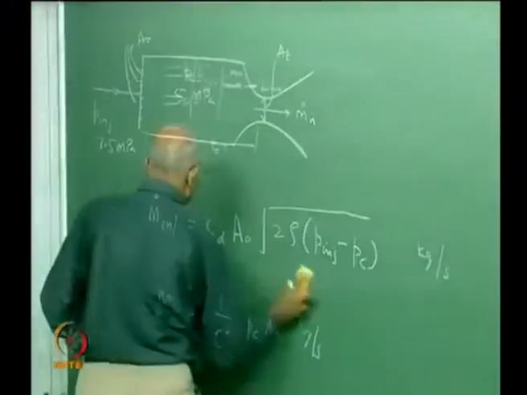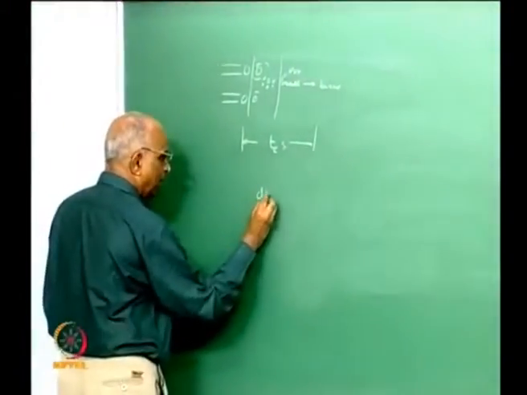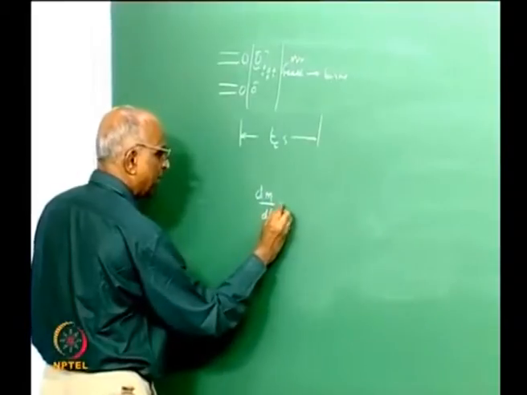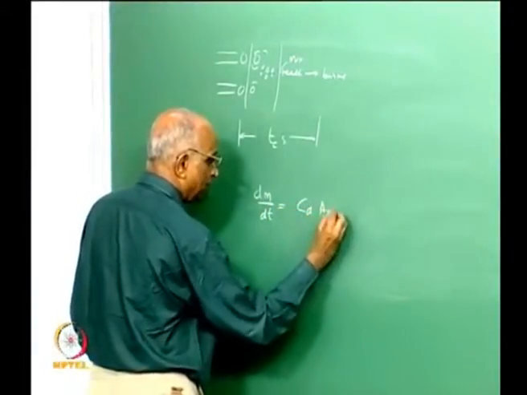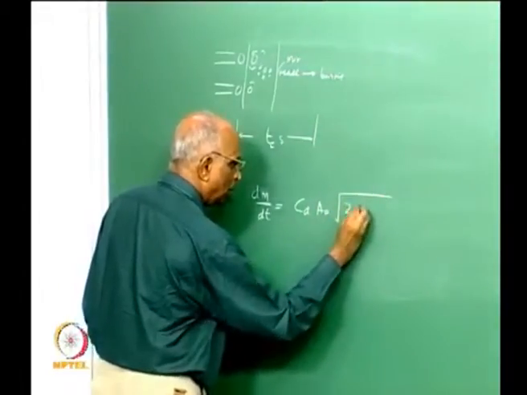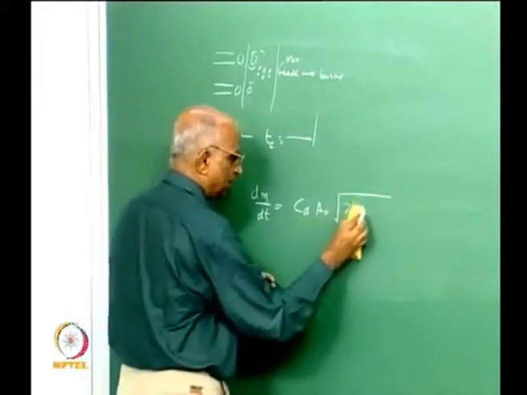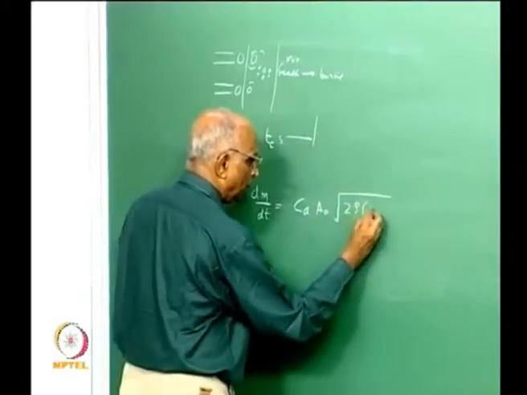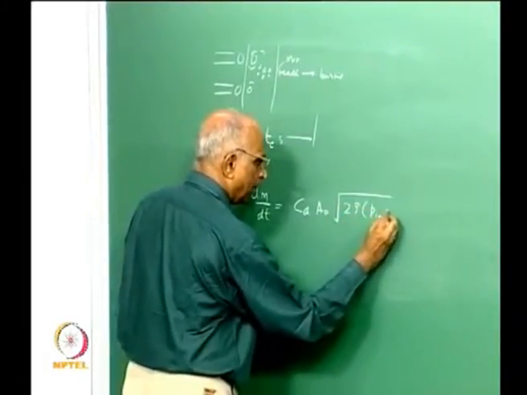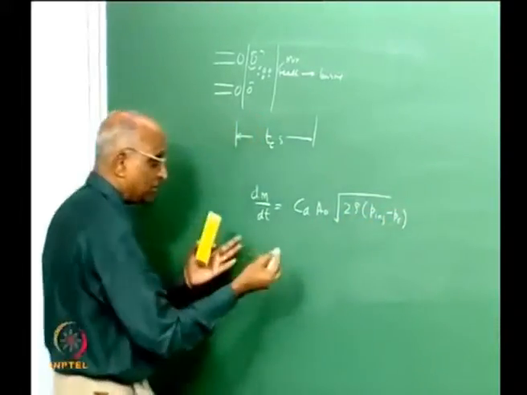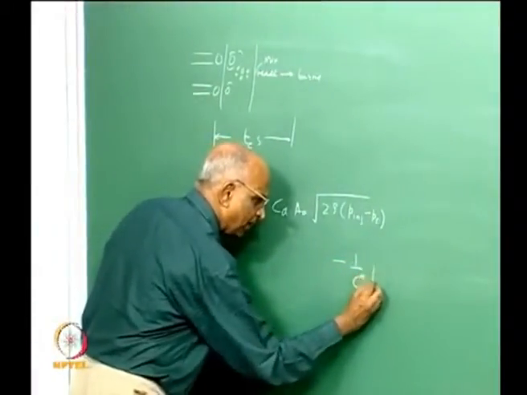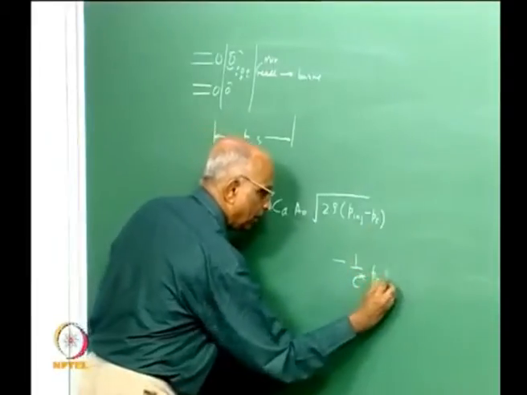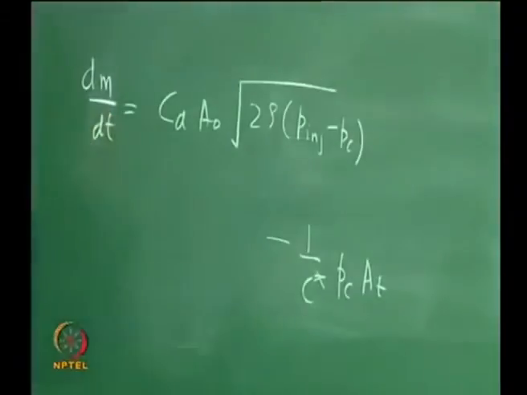I would be writing under normal circumstances dm by dt, the rate at which mass is getting accumulated in the chamber, is equal to Cd A0 under root 2 into density into P injected minus Pc is the thing which is coming in, and what is going out? Minus 1 over C star into Pc into AT over here.